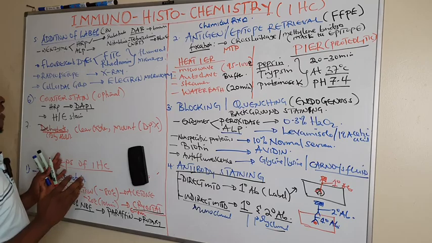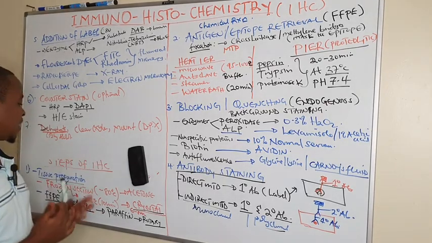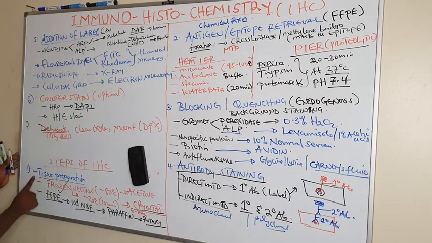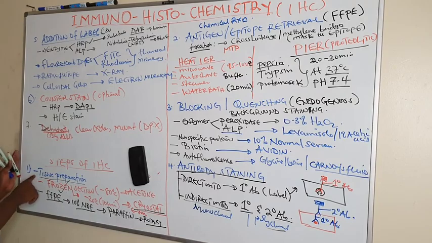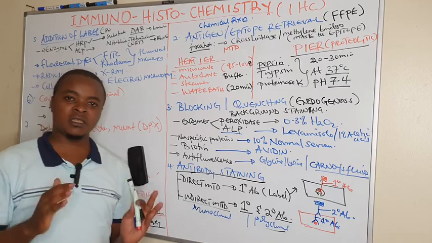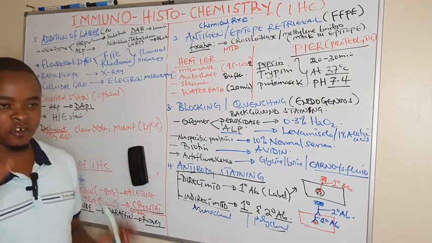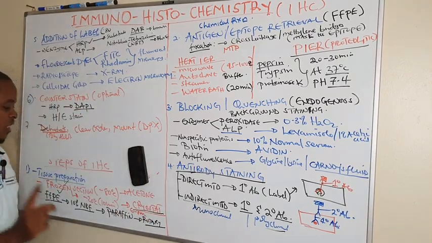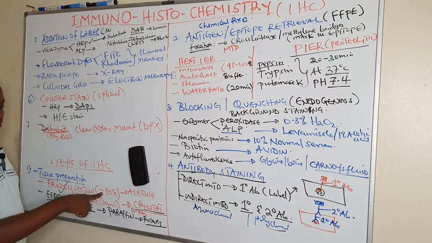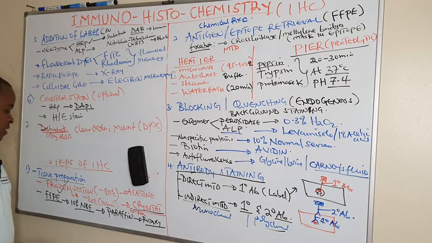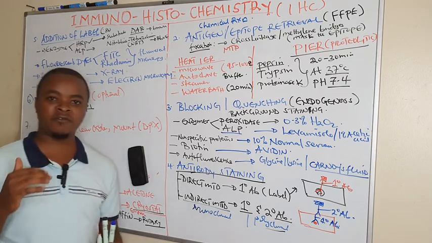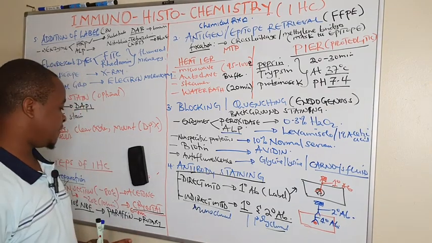Then we have seen significance. Then we have looked at the steps, starting with tissue preparation, where the sample of choice is frozen sections, frozen at -80, and a cryostat can be used. Another one is formalin fixed, paraffin embedded.